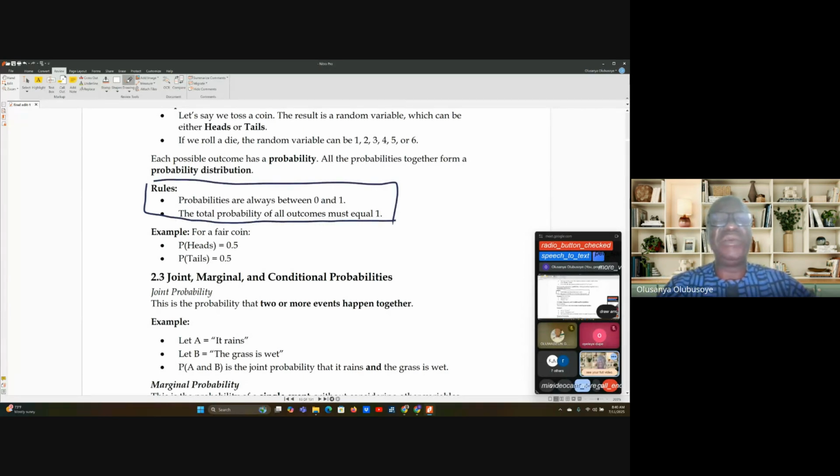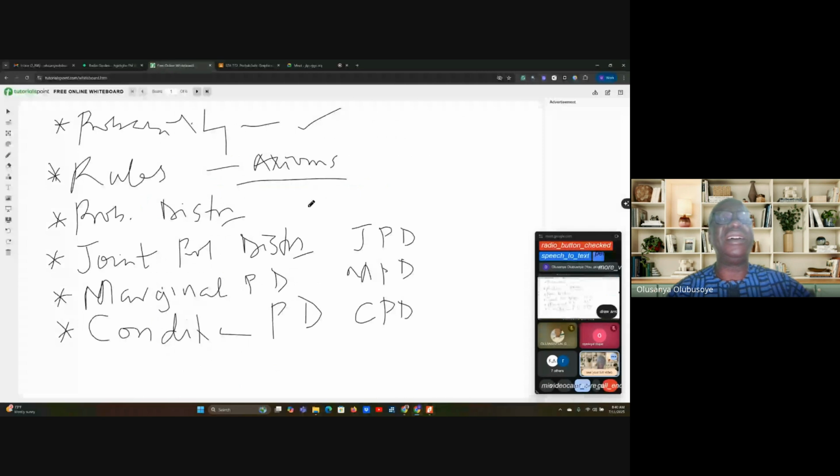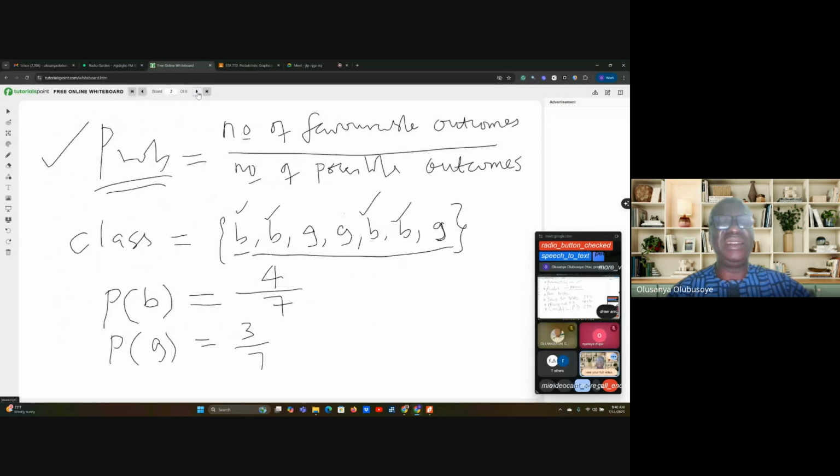So one, you will notice in all the probability distribution tables that we have constructed, the probability is always between 0 and 1. Probability is always between 0 and 1.